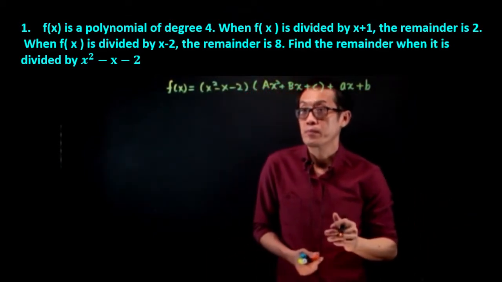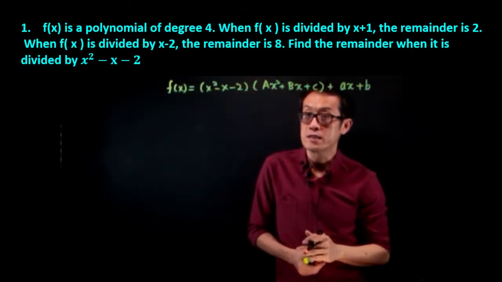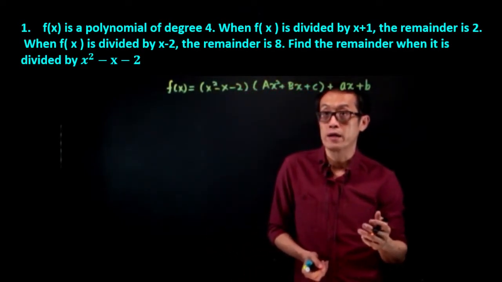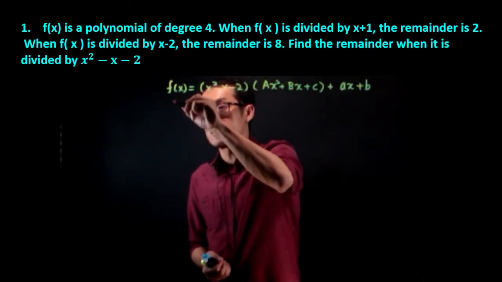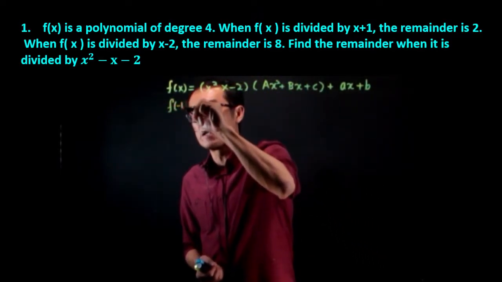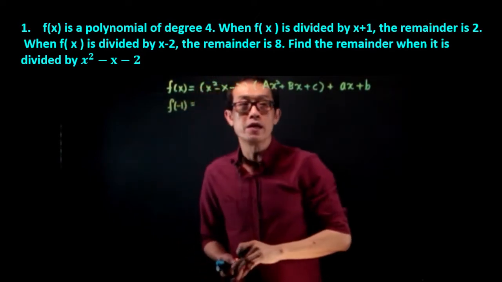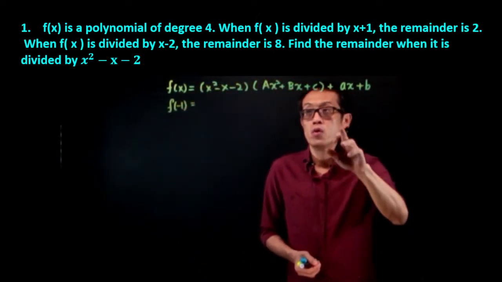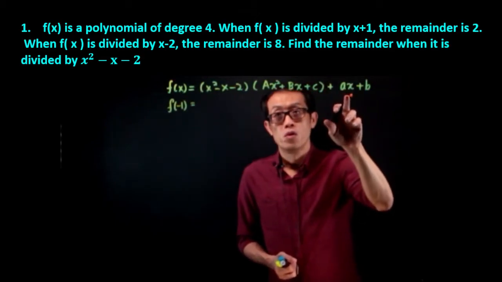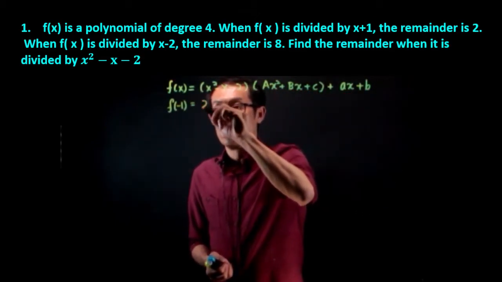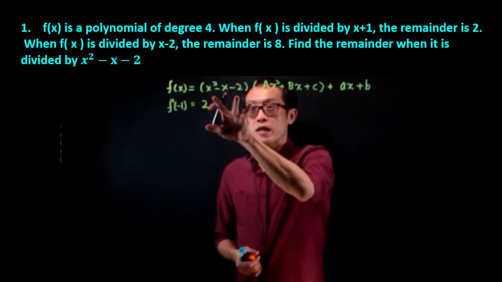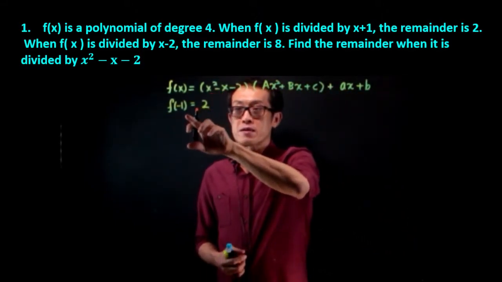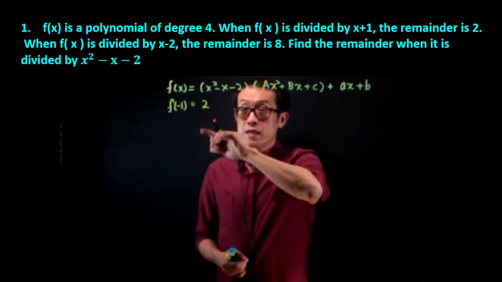Now, it is stated that when it is divided by x plus 1, the remainder is 2. Now, if we use remainder theorem, then f of minus 1 will be equal to 2. Okay? Now, we can just substitute minus 1 inside.